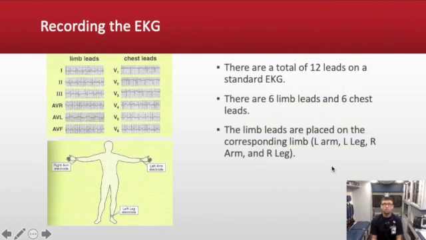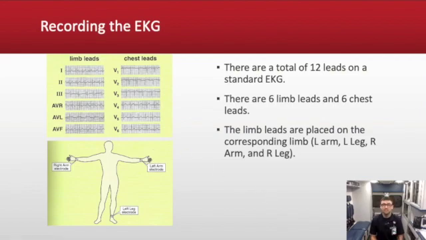Okay, there's a total of 12 leads on a standard EKG. There are 6 limb leads and 6 chest leads. So you have your limb leads as 1, 2, 3, AVR, AVL, AVF. And our chest leads are V1, V2, V3, V4, V5, and V6. The limb leads are placed on those corresponding limbs.